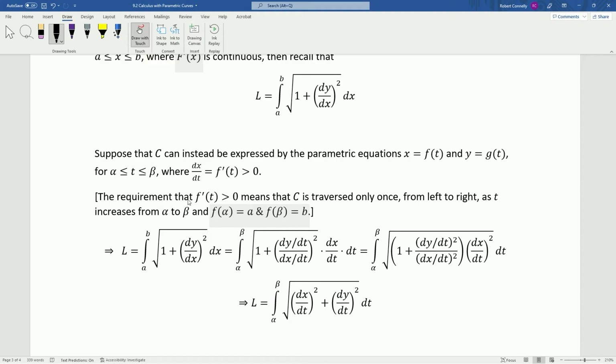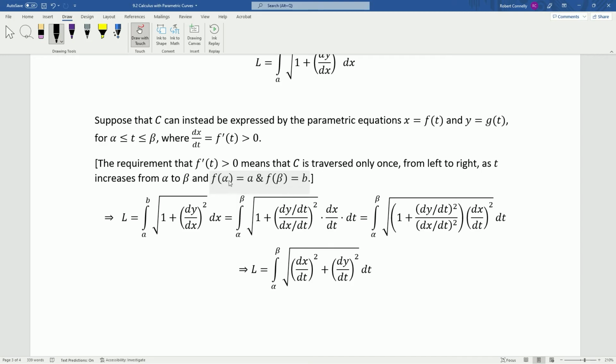Now, this requirement that f prime of t is positive adds the extra condition that the curve is traversed only once from left to right as t increases from alpha to beta. Right? If this derivative is positive, that means x is increasing along the curve as t increases. And additionally, f of alpha equals a and f of beta equals b.